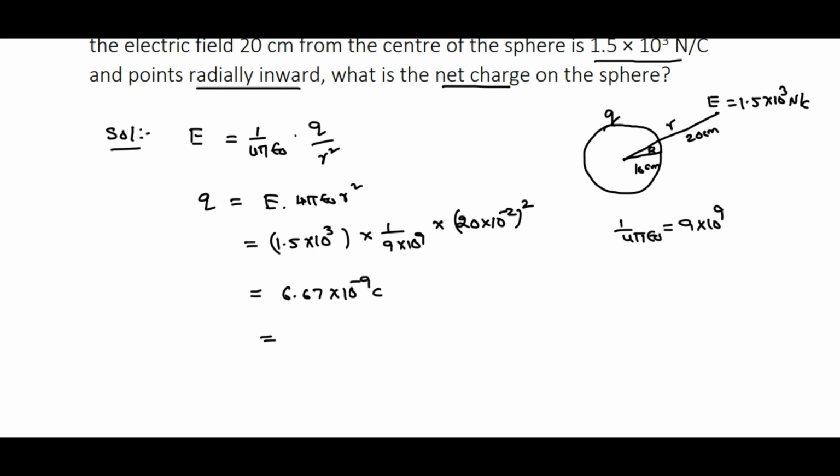We can write this one is 6.67 nano coulomb also. This is the charge actually, but here we have calculated the magnitude of the charge alone. Here the electric field is radially inward. That is possible only if the charge is negative charge.